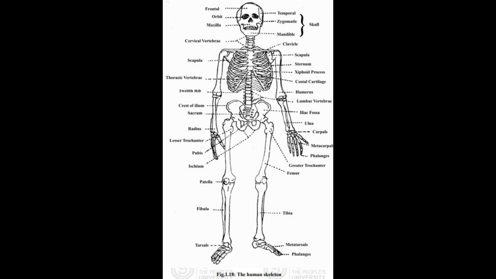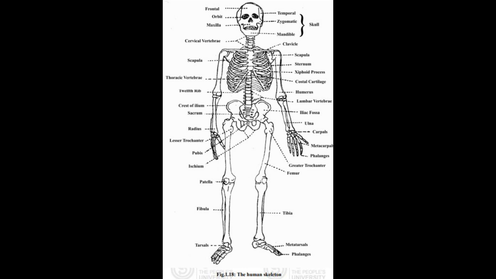The last portion of the vertebral column consists of 4 fused vertebrae called the coccyx. The skull is attached to the top of the skeleton and the pelvis is joined to the sacrum of the vertebral column. 3. Thoracic cage. The thoracic cage is formed by the thoracic vertebrae at the back, the sternum or the breastbone in the front and the 12 pairs of ribs on the side.